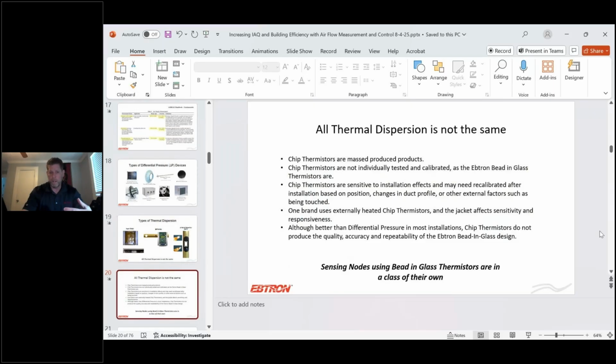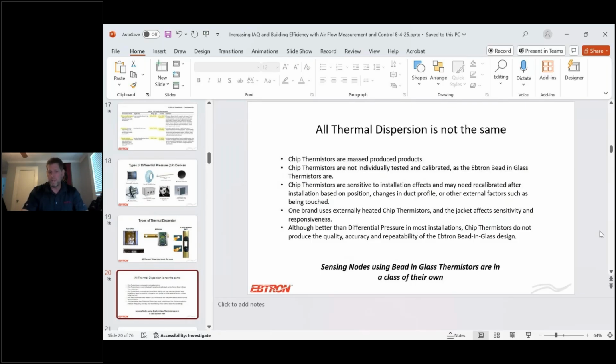They're sensitive to installation effects. One of the brands uses an externally heated chip thermistor, which then adds a third, separate variable to the algorithm to calculate the flow. So that can cause some issues. And then there's a jacket over the chip thermistor that affects sensitivity and responsiveness.